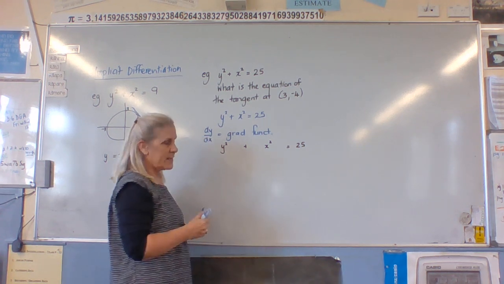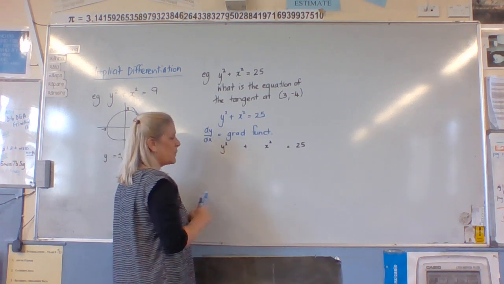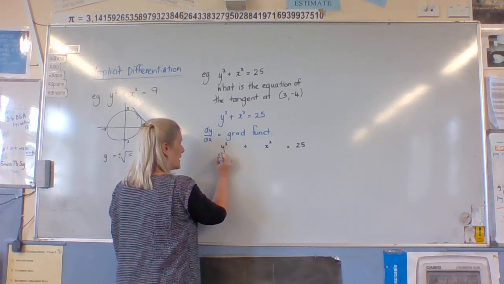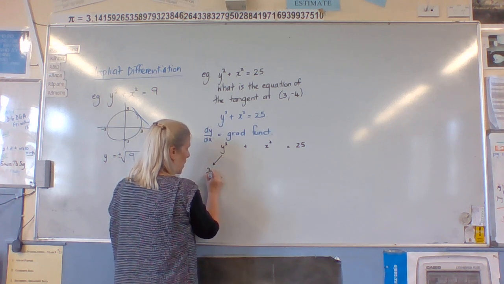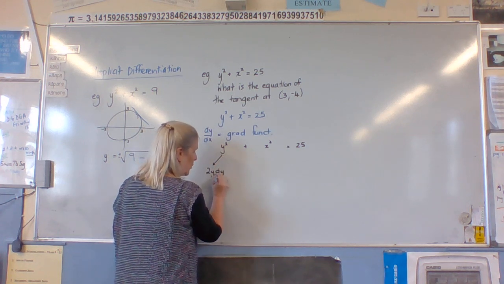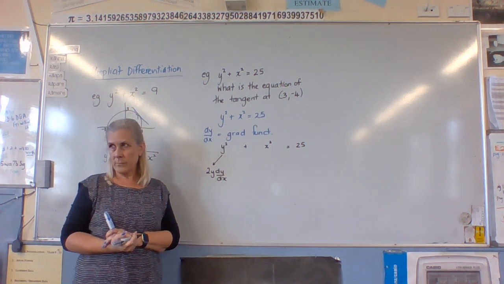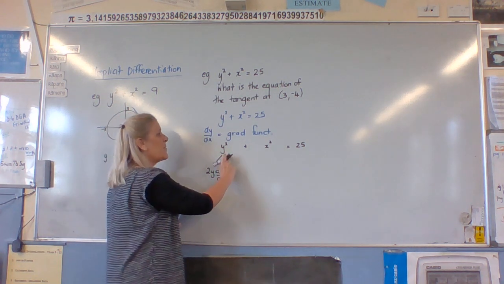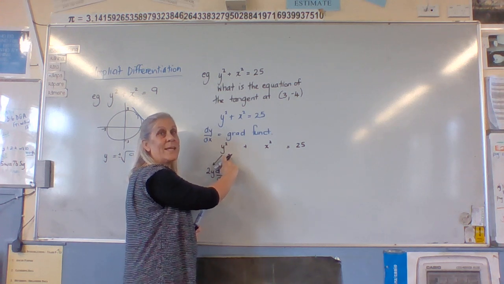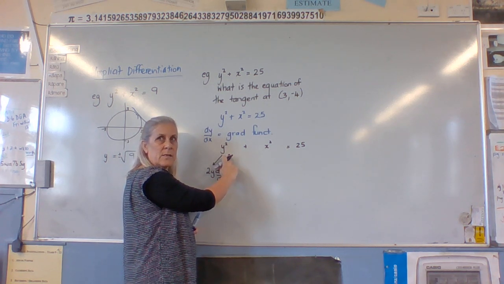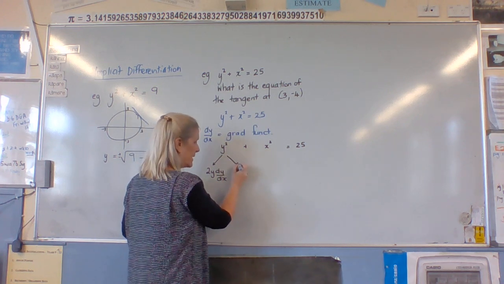So in this, what we're going to do here is we're going to differentiate this with respect to y. We're going to get 2y dy by dx. Now, if I'm differentiating this for all the x's in it, what am I going to get? 0, because there aren't any x's in it.